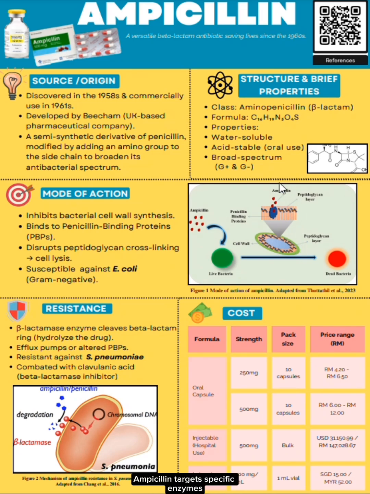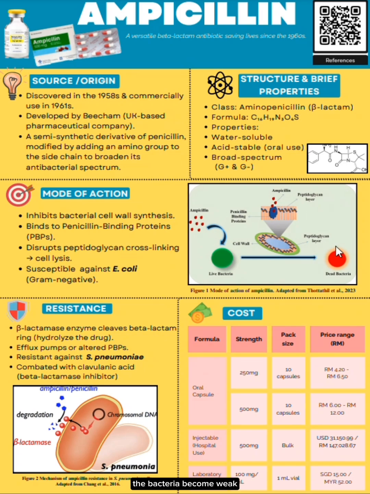Ampicillin targets specific enzymes called penicillin binding proteins, or PBPs. These PBPs link together parts of the bacterial cell wall through a process called peptidoglycan cross-linking. When ampicillin binds to these proteins, it blocks that linking process, so the bacteria can't form a strong, stable wall.